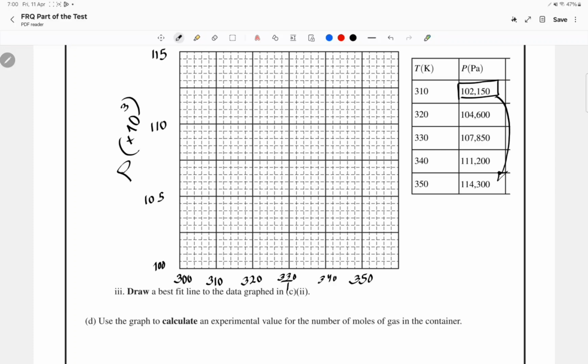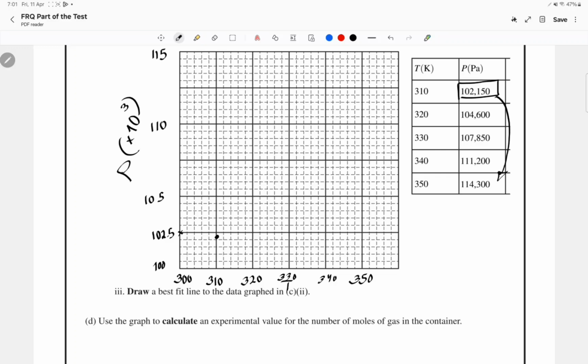Now it's time to plot. So 310 with 102.5. So it's going to be, I guess, somewhere here, probably. 320 with 104.600. So it's probably somewhere here. Wait a second.